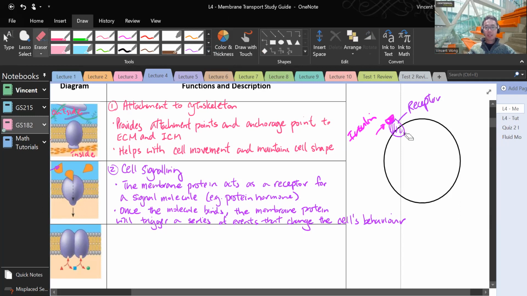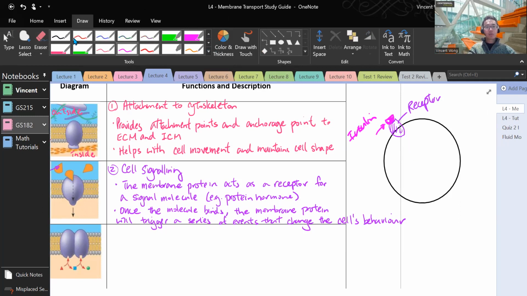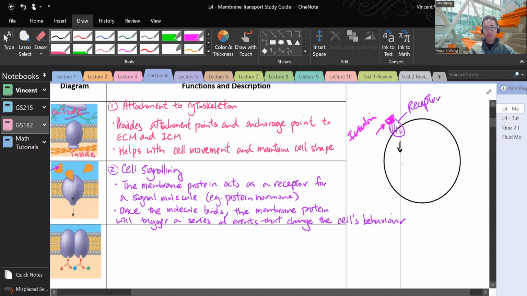Insulin will bind to it, and then that will trigger a series of events. These series of events in the notes are called signal transduction, which would then, this is the nucleus, cause something to change in the nucleus.